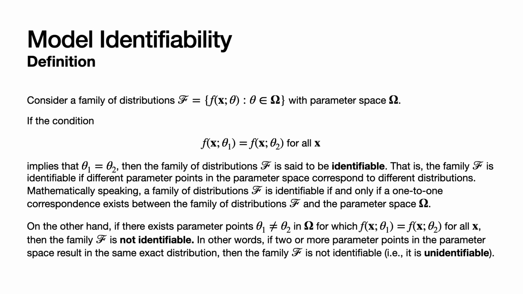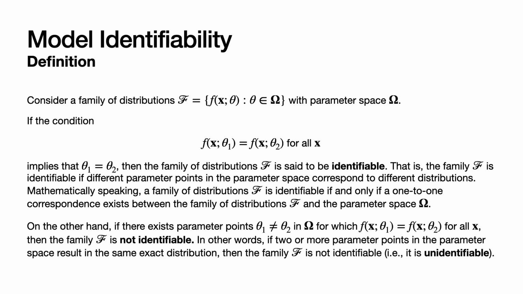That is, the family F is identifiable if different parameter points in the parameter space correspond to different distributions. Mathematically speaking, a family of distributions script F is identifiable if and only if a one-to-one correspondence exists between the family of distributions script F and the parameter space kappa omega.